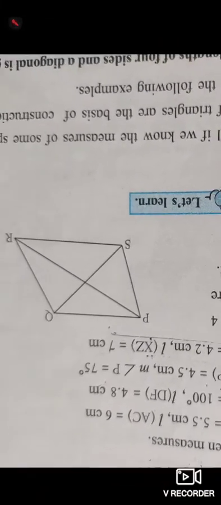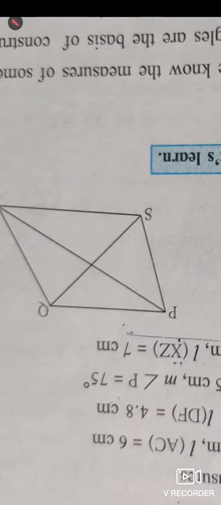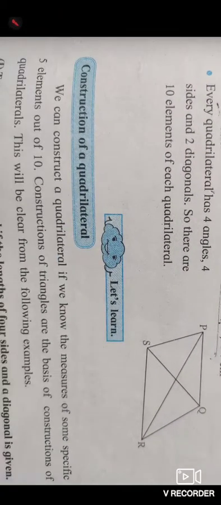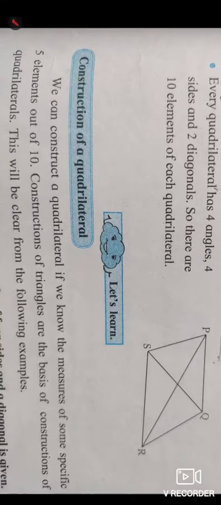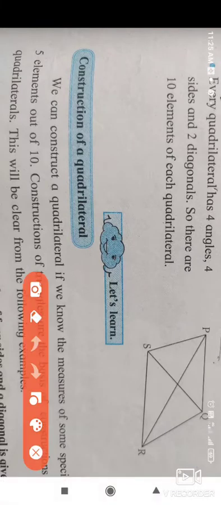If you join the opposite diagonals, you will notice that triangles are formed, and that's why today we saw how to construct triangles, because this is the base we have to use when doing the constructions of quadrilaterals. So here 4 angles, 4 sides, 2 diagonals. So there are these elements that each quadrilateral contains.